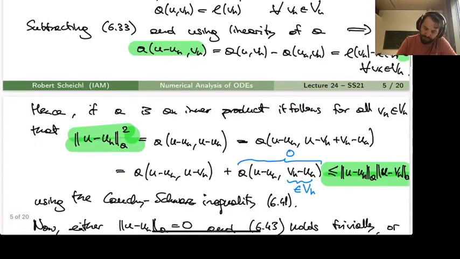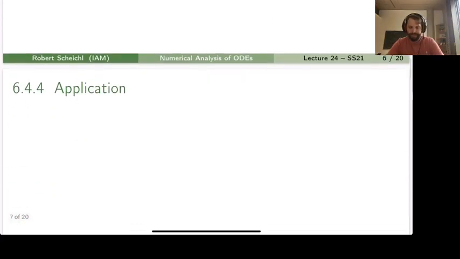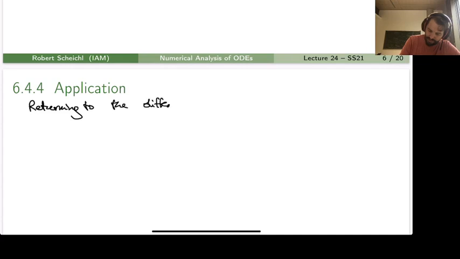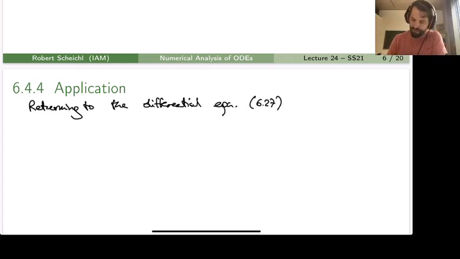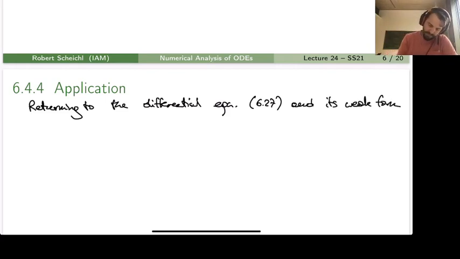Okay, let's apply this now to our example. So returning now to the specific A and L, the differential equation 627 and its weak form 629 and 630, with the specific choice of bilinear form and right hand side.